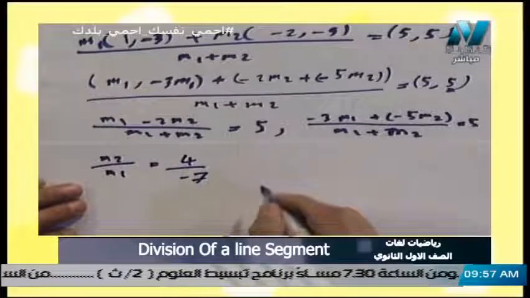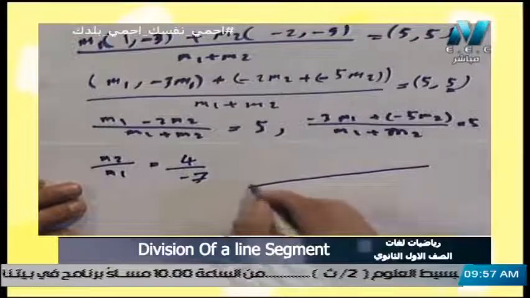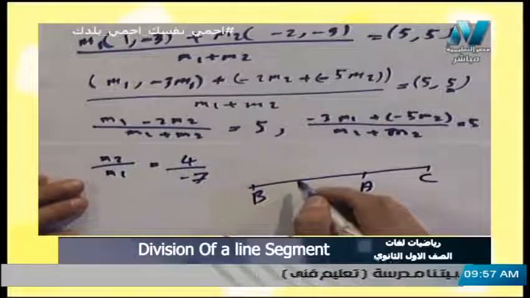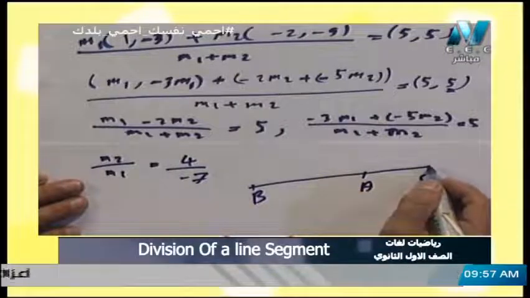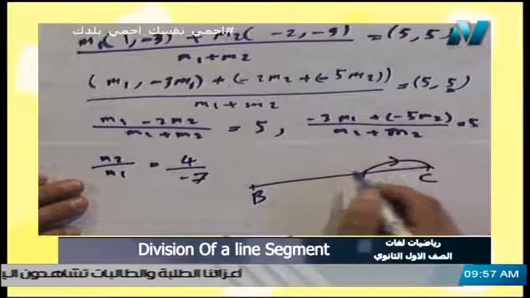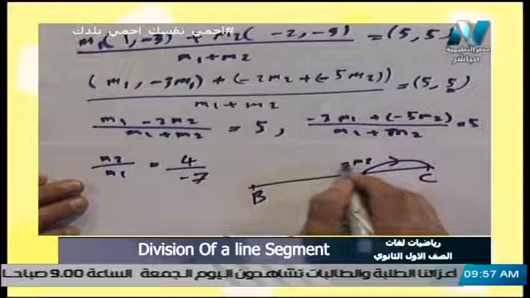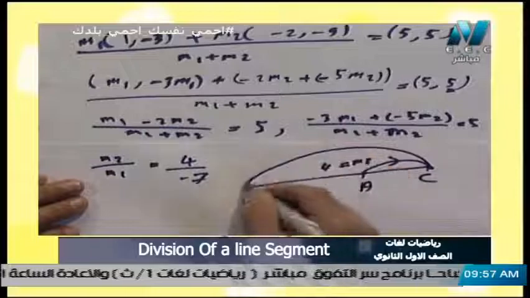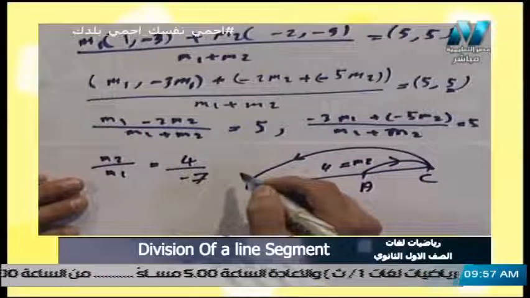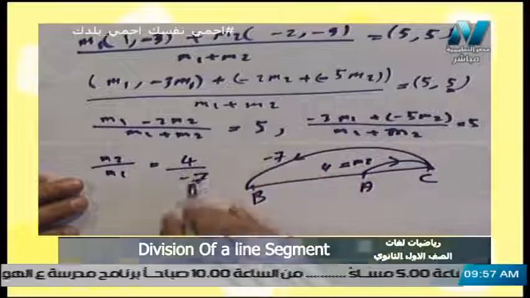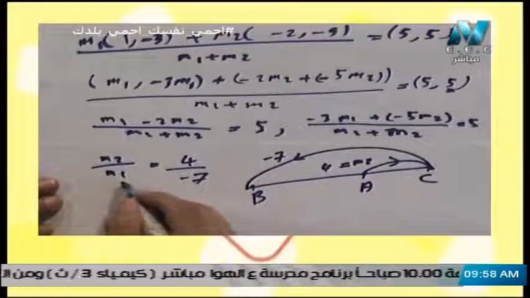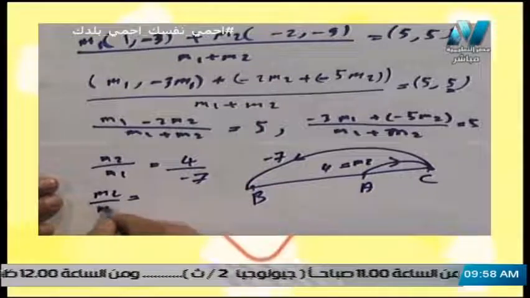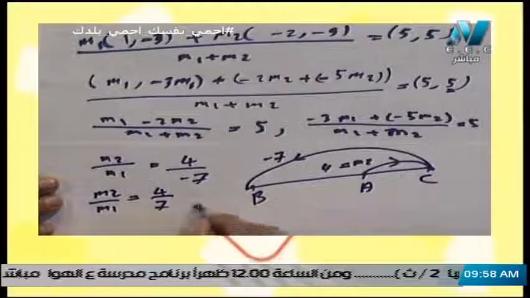That means that if we draw the correct drawing, B will be here and A here and C there, and this is AC as M2, which is 4, and CB, which is negative 7. So the ratio M2 over M1 equals 4 over negative 7, or 4 over 7 externally.